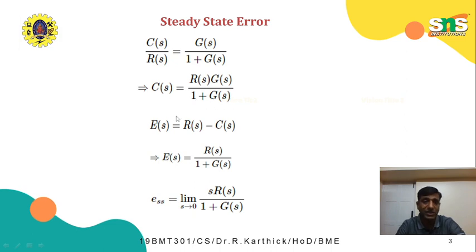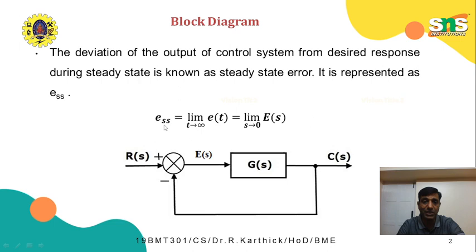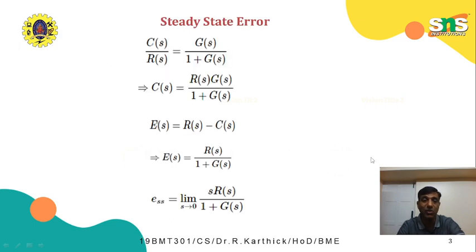Now E of s, from the previous diagram, is R of s minus C of s, since the output is fed back to the input. We substitute this and solve that equation, and we get R of s divided by 1 plus G of s.